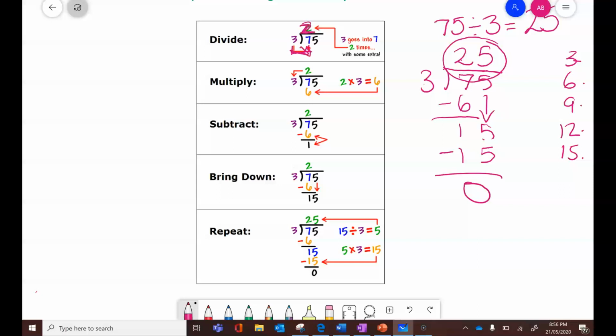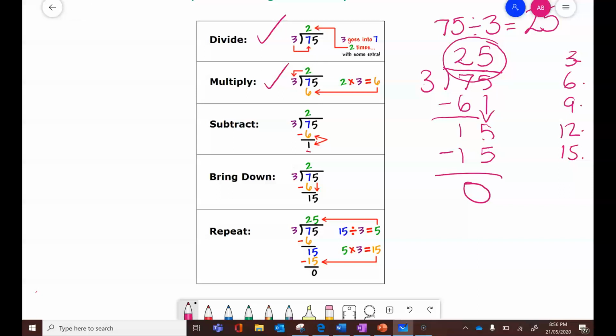And then I had to work out, okay, how many have I used up? So I then had to look at the next step, which was multiply. If I have 2 sets of 3, then that makes 6. So I put my 6 underneath. I take that away. So I had 7, I made 2 sets of 3, which was 6.